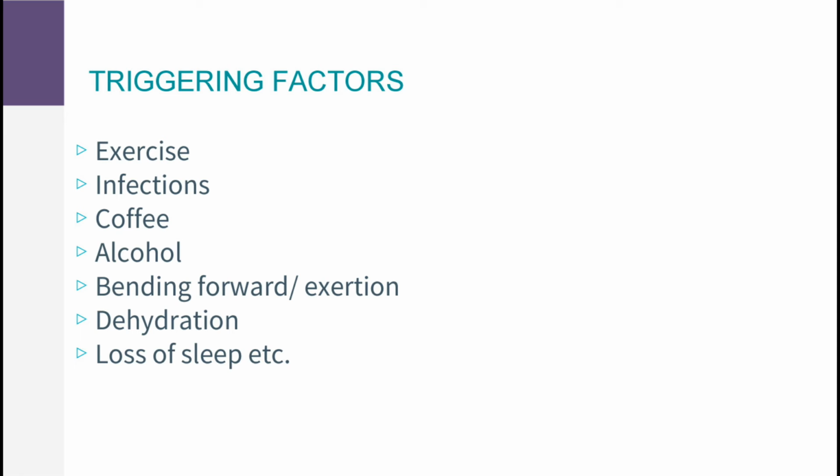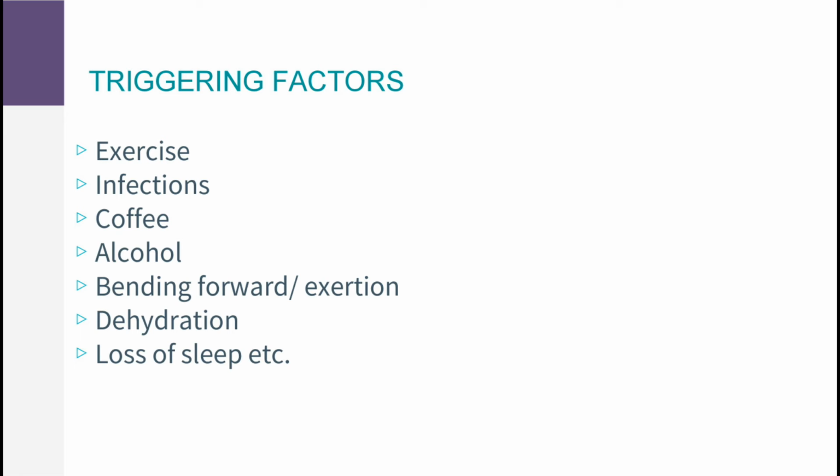A detailed history at this point is warranted, including duration of symptoms, triggering factors, other illnesses such as cardiac diseases, thyroid status, medications, any childhood history of recurrent infections or illnesses, etc., and a complete physical examination.